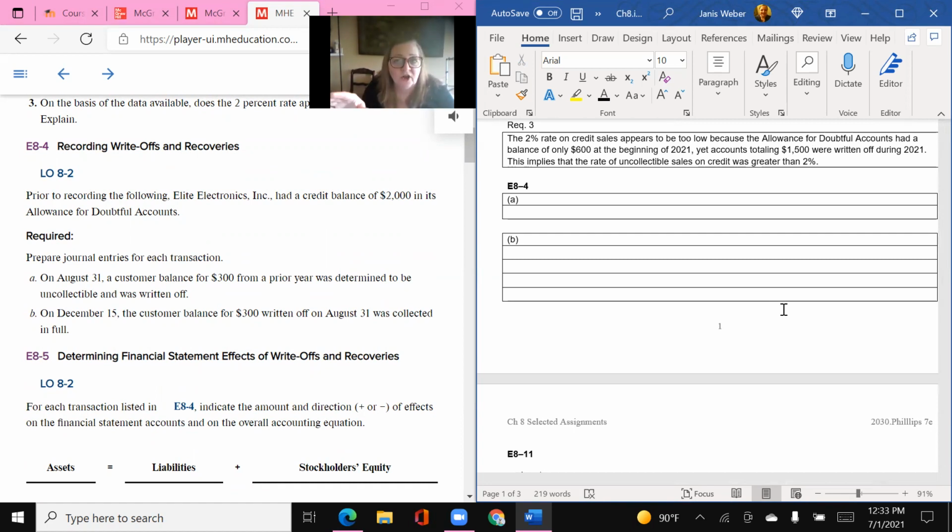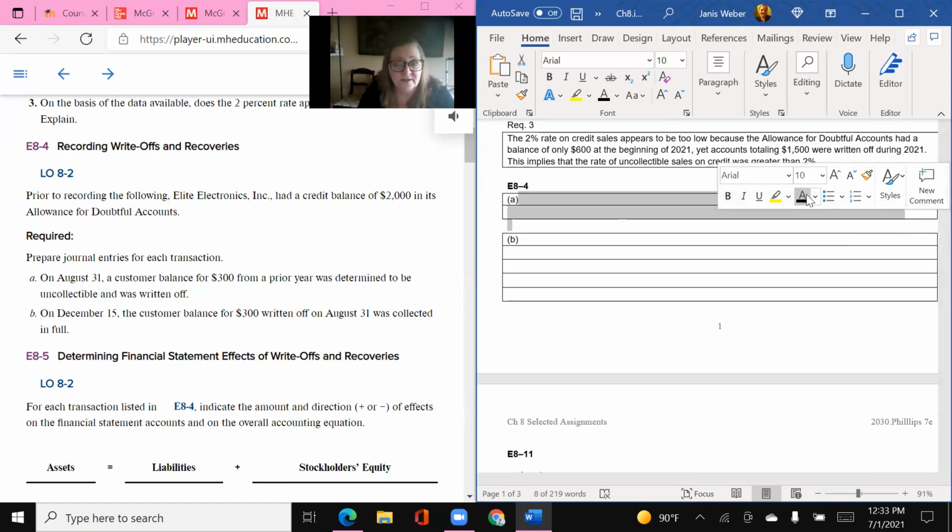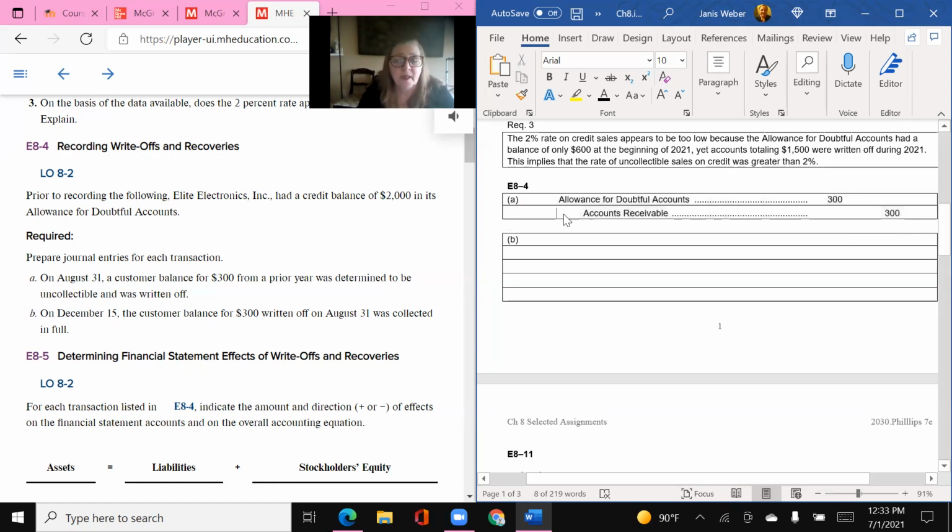Every time they tell you one's uncollectible, it's going to say a bunch of blah, blah, blah, and it's just always about debiting the allowance account and crediting that customer's accounts receivable. If they say an account's bad, you always are going to use the allowance account as the debit instead of the bad debt.